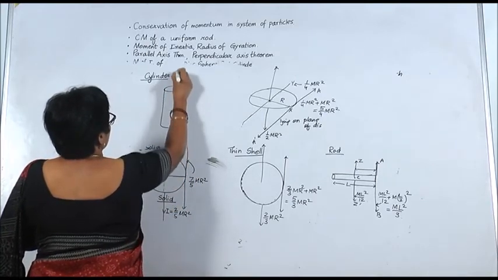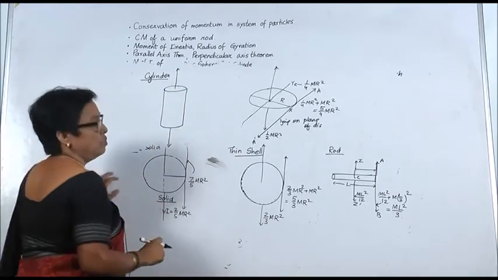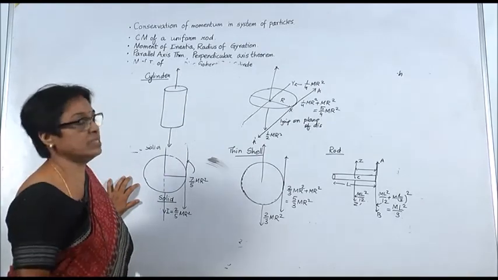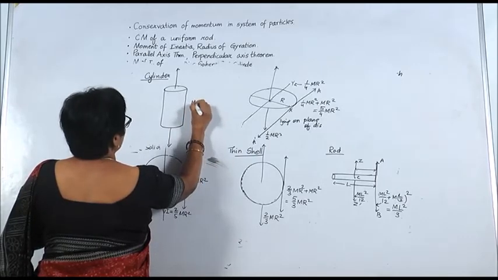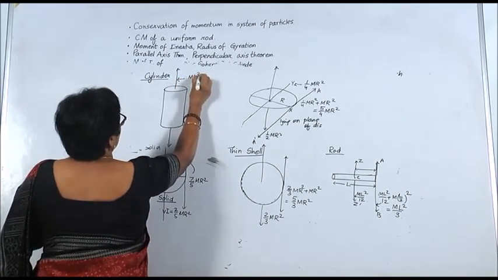The moment of inertia about its own axis, if z z dash is passing through its axis, is simply m l square by 12.